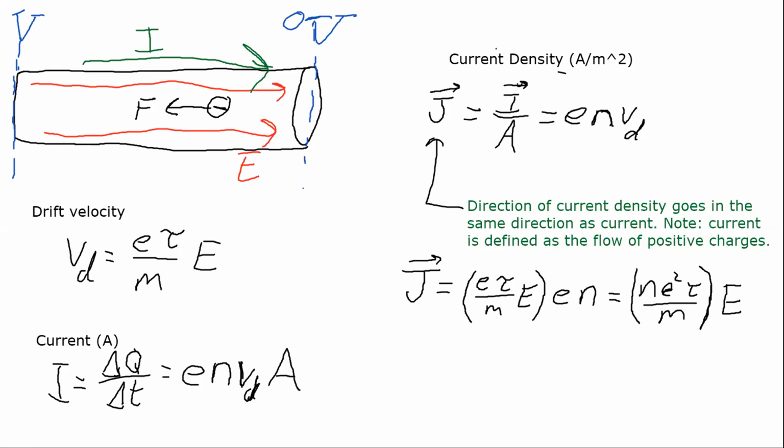And tau, the time between collisions, also depends on the material. So all these are constants and depend on the material. Put that there. Depends on material, like what material is used.